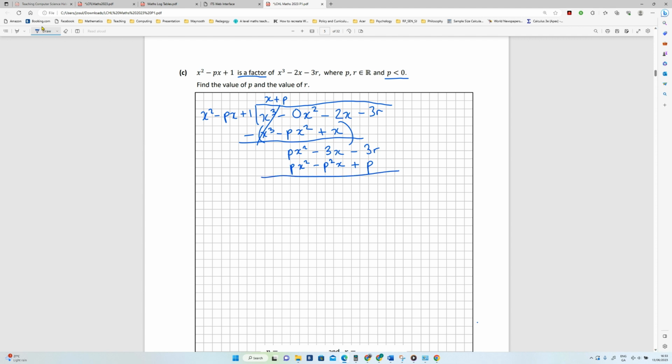Okay, now again I'll be subtracting this, and this should subtract out if I knew what this value was. So these obviously go away. What this is basically telling me here is that p squared is equal to 3, because this is minus p squared x, this is minus 3x. So let's look at that in a second. And then the other one is p is equal to minus 3r.